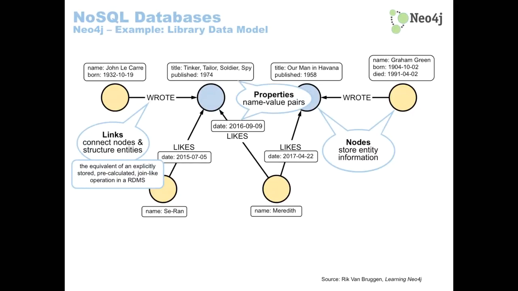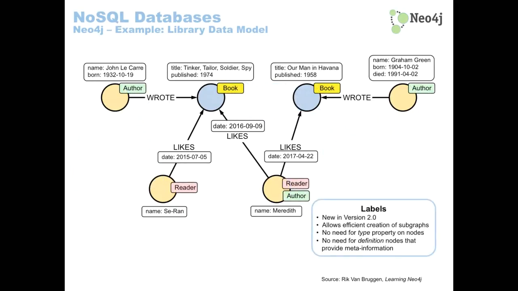Then we have properties associated with both the nodes and the links. This node has a title and a published date. And in this link, we have a date that Meredith indicated that she likes that book.